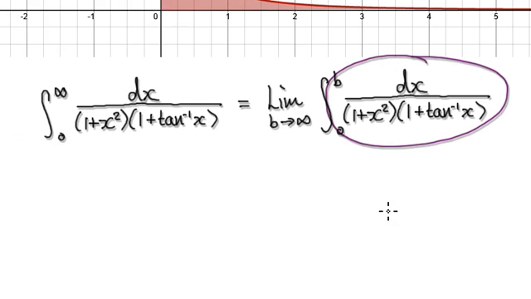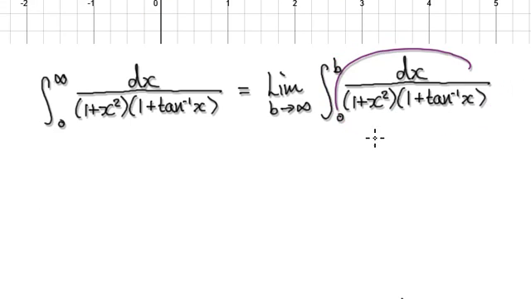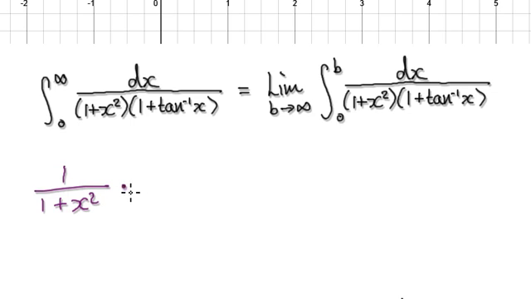So to integrate this, visualize it as this. You could use substitution, but learn to recognize it straight away. Visualize this thing here as 1 plus x squared times 1 over 1 plus inverse tan of x.